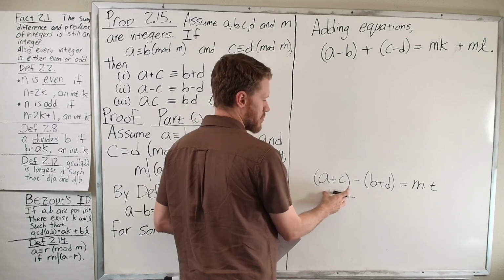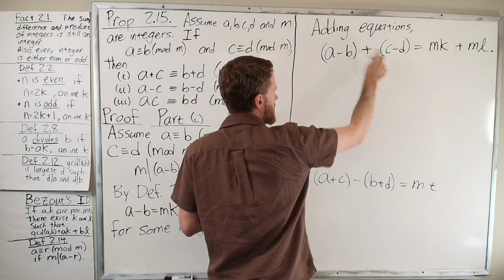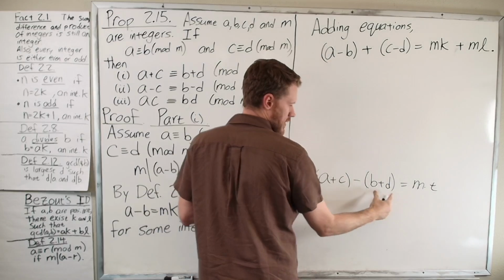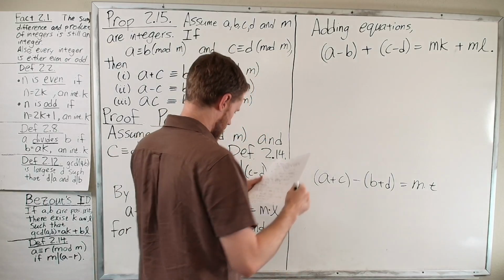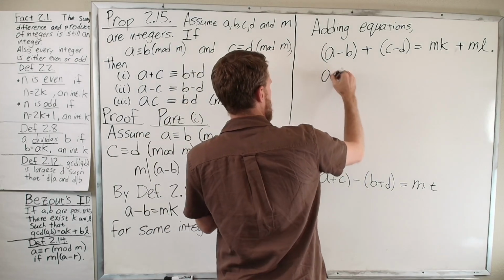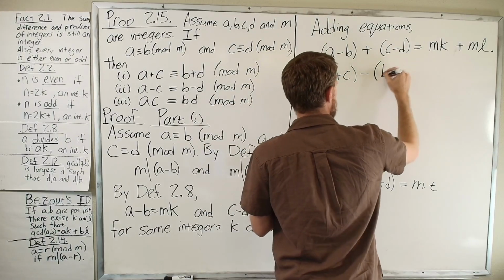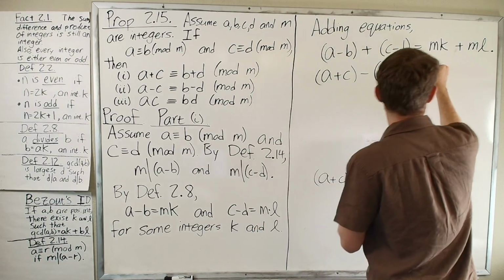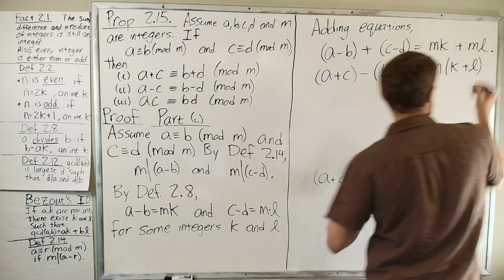Do you see how to get to a plus c? Yeah, there's an a, there's a positive c, this is a negative b and a negative d, which if you pull those negatives out, gives you minus b plus d. Okay, so regrouping, a plus c minus b plus d equals m times k plus l.